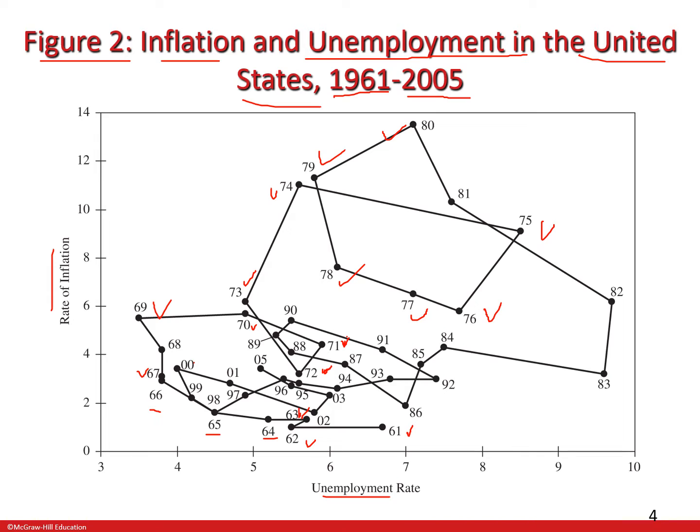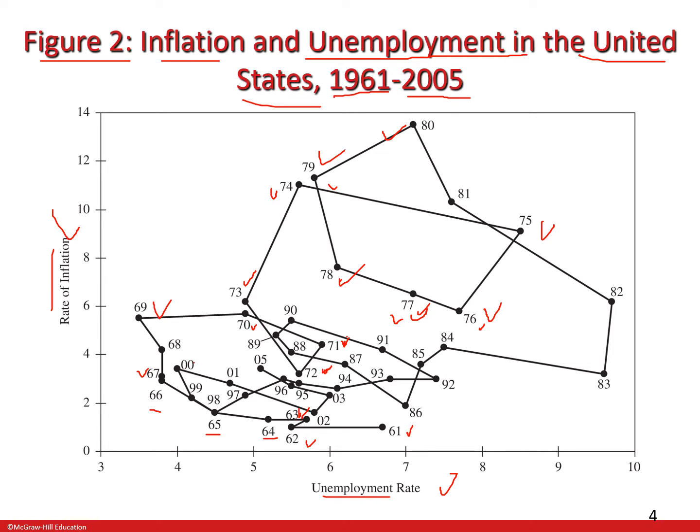However, if you pick a period between 76 and 79, this justifies a little bit the Phillips curve, the negative relationship between unemployment and inflation.